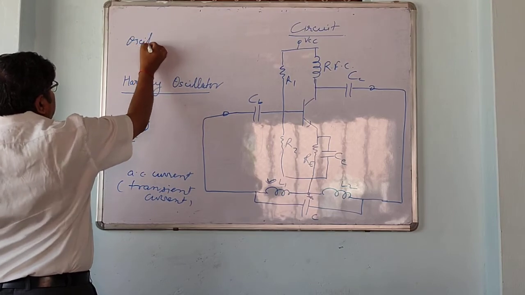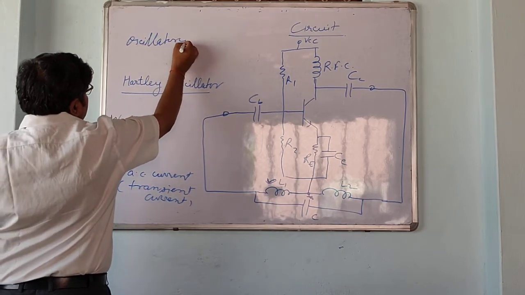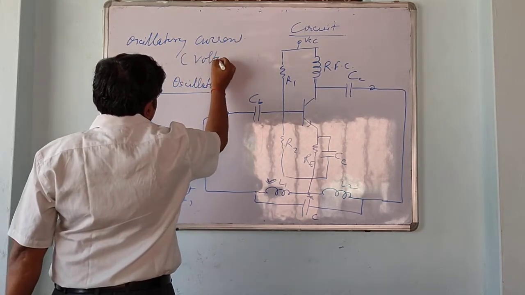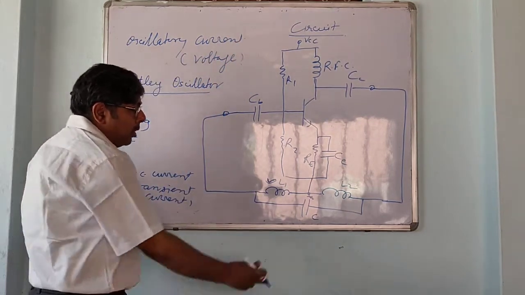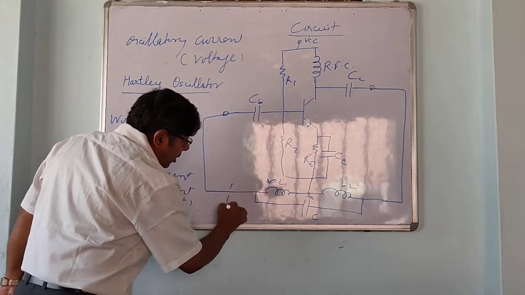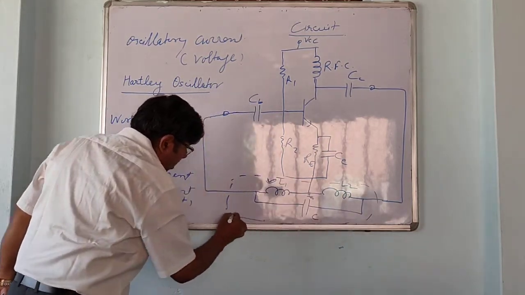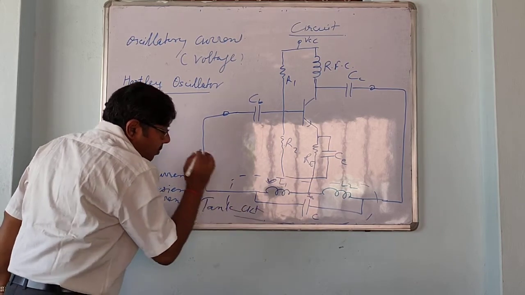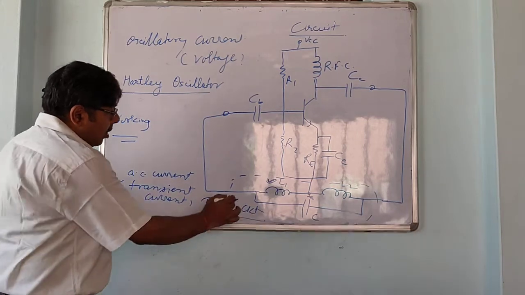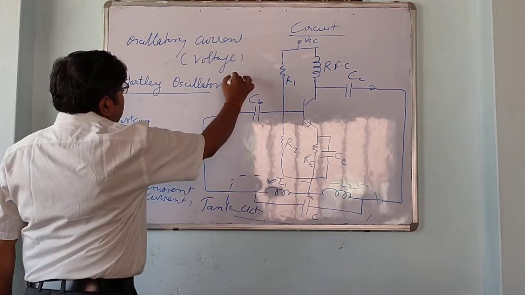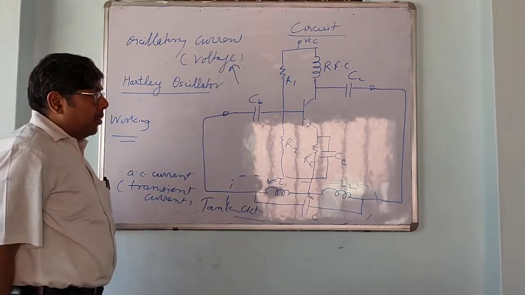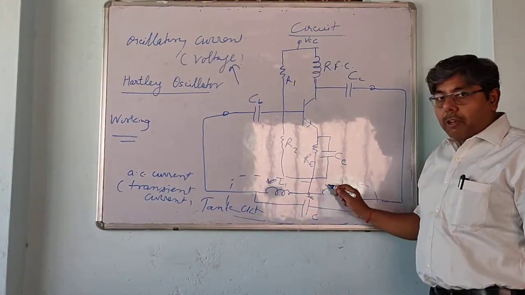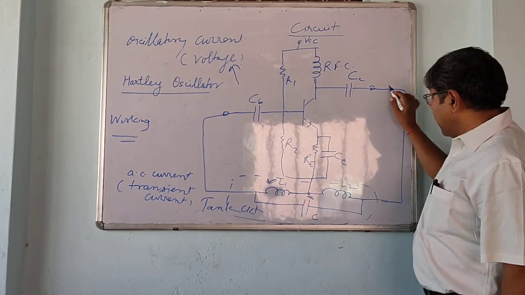The main thing is that an oscillatory current or voltage is established through this tank circuit. This is called the feedback network, or also the tank circuit. Its purpose is to establish an oscillatory voltage or current, and due to auto transformer action, it is connected to the output.